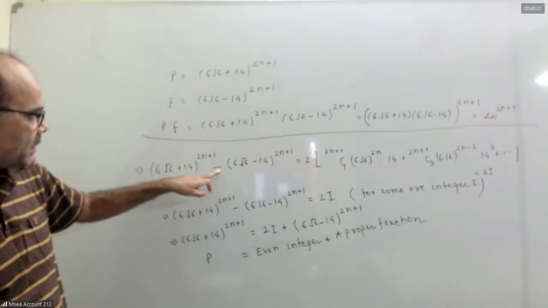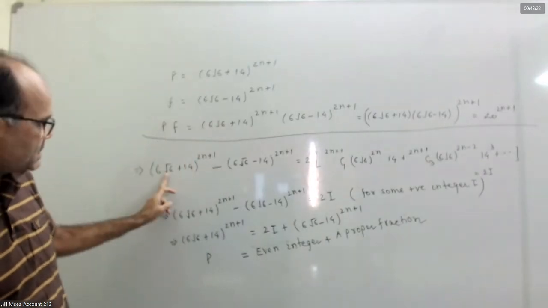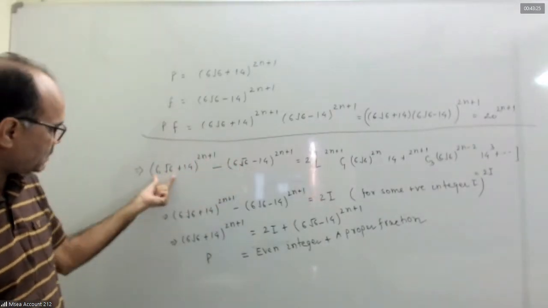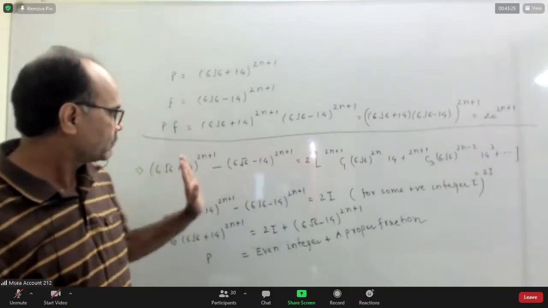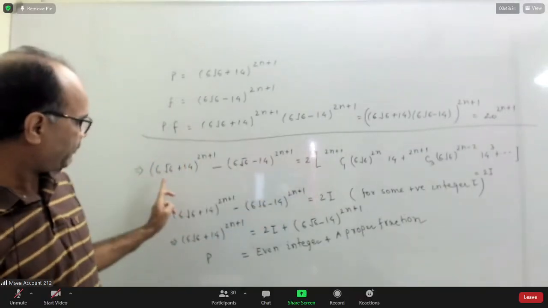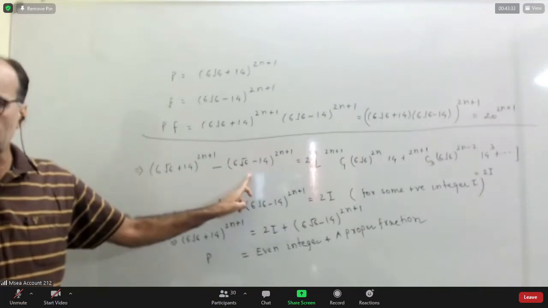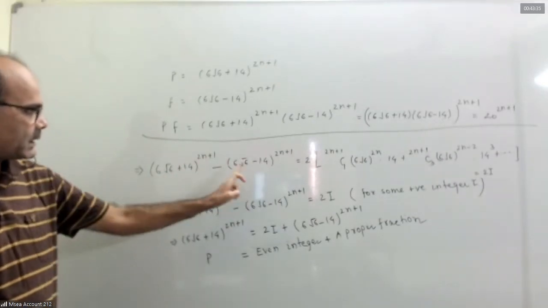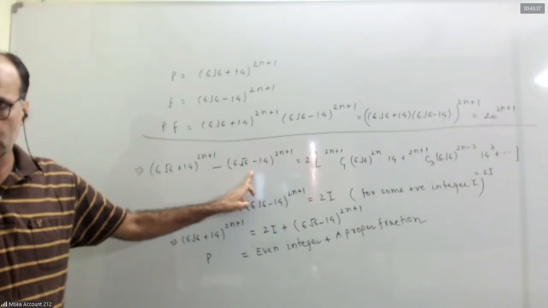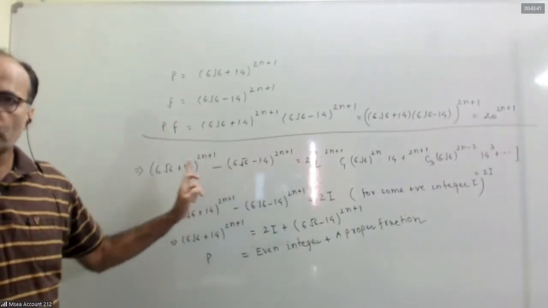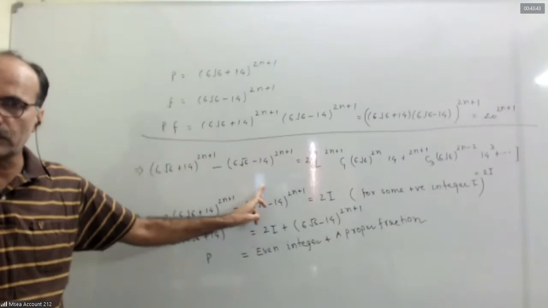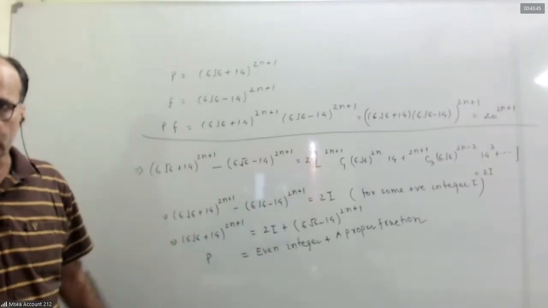So here I am taking minus sign so that the irrational term, meaning 6 to the power odd integer, will get cancelled. The first term here will get cancelled, the second term will be added, the third term will get cancelled, the fourth term will be added. Okay.